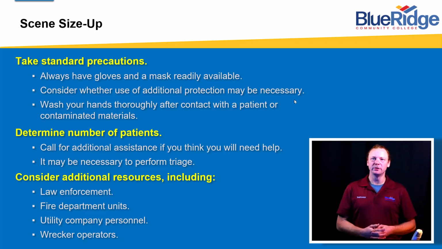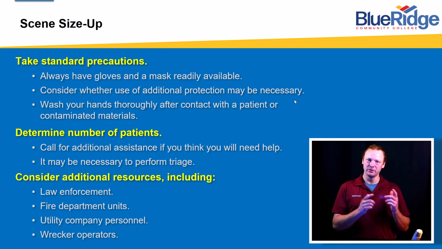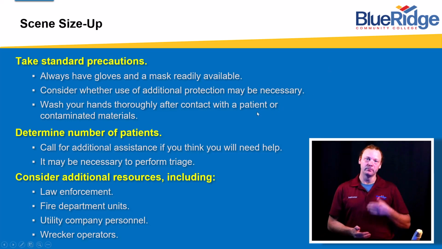If it's you and your partner and you roll up on 5 patients, that is technically a mass casualty incident because 2 people cannot take care of 5 patients. So you should initiate the process of triage, which we will cover later in this course, and start triaging your patients and request additional manpower, additional resources, ambulances, fire apparatus, law enforcement, whatever you feel that you need. Maybe it's all of it.